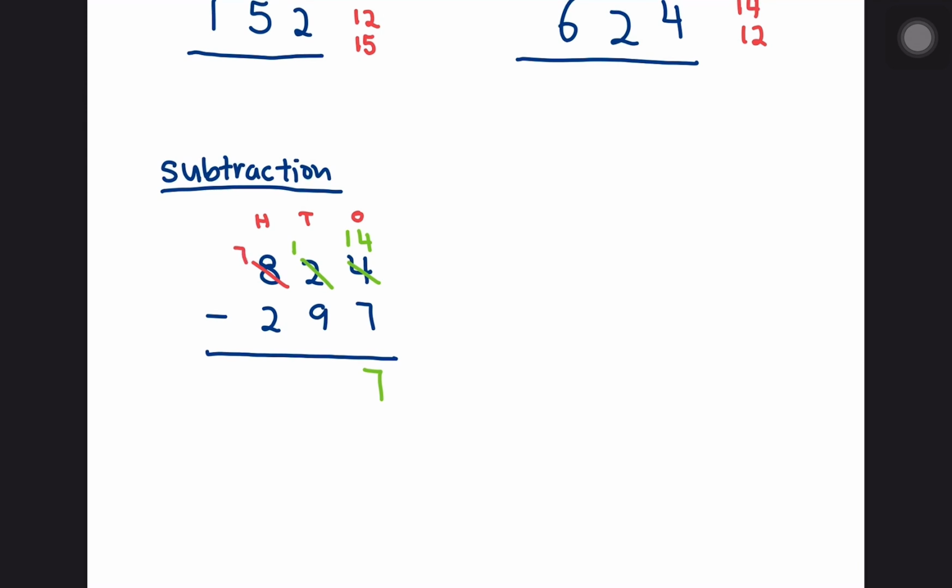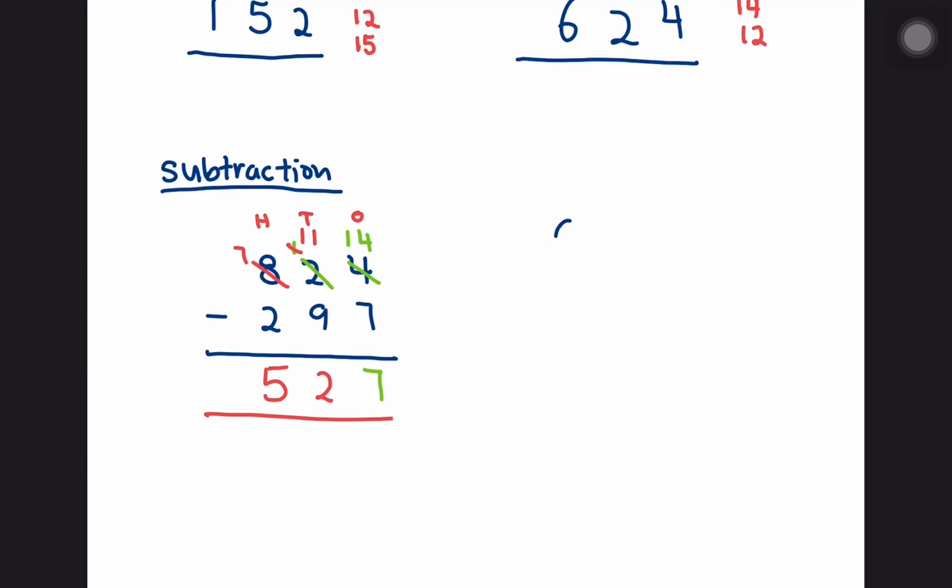And we will regroup that 100 that we took to the tens place. So it's no longer 1, and I have a balance 1 over there. So new number now is 11. 11 minus 9 is 2. Lastly, subtract the hundreds place. 7 minus 2 is 5. So you should get 527.